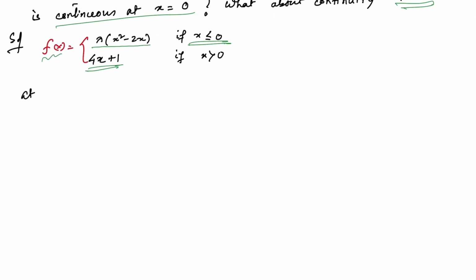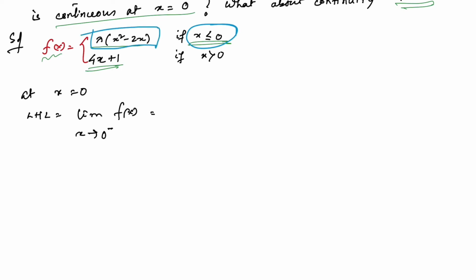Okay, so at x is equal to 0, let's find the left hand limit. Limit f of x, x tends to 0 negative. Here you see for x less than 0, the function is given by lambda into x square minus twice x.